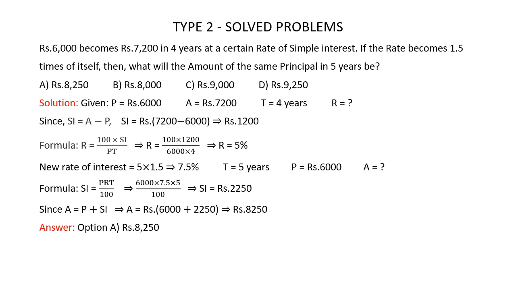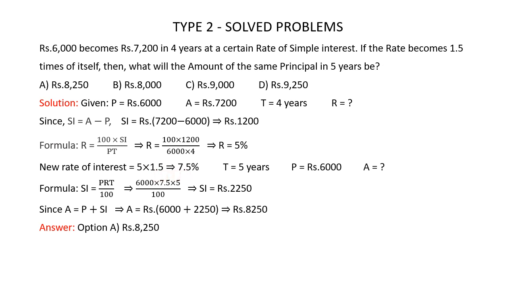Now substituting these values in the formula, we get R is equal to 100 multiplied by 1,200 divided by 6,000 multiplied by 4. On solving this, we get R is equal to 5%. So the old rate of interest is 5%. Now it's given that the rate becomes 1.5 times of itself. So the new rate of interest is 5 multiplied by 1.5, which is 7.5%.